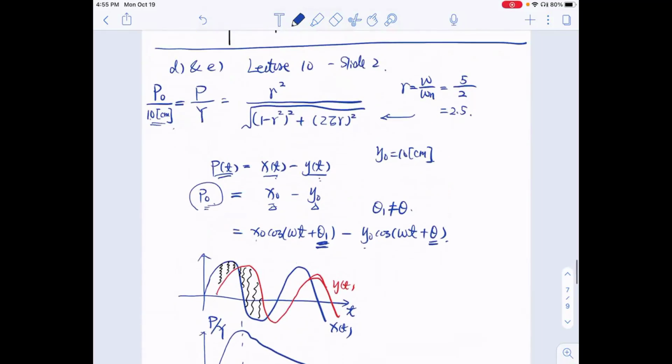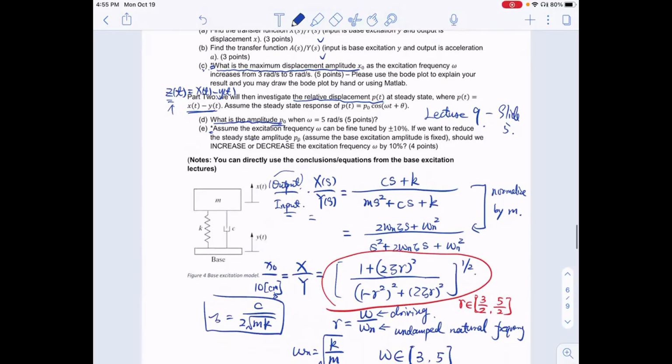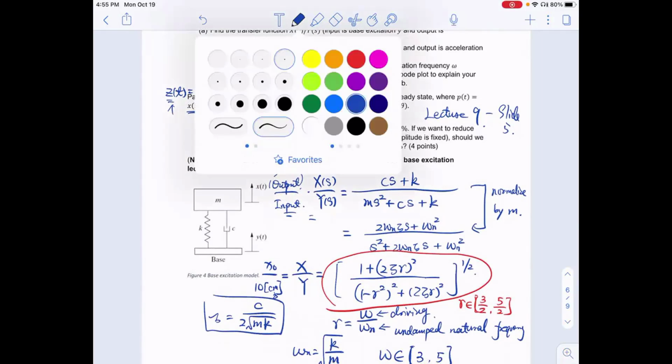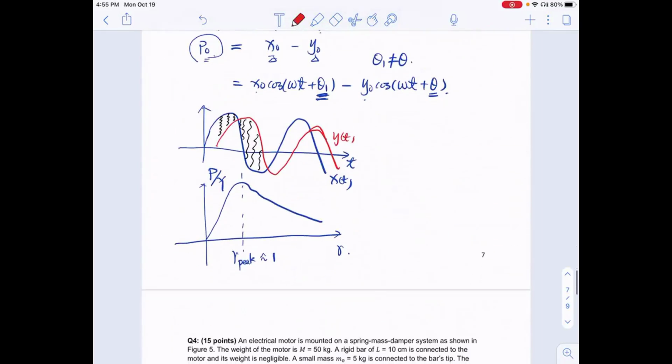And then we said if we want to reduce the steady state P naught, do we want to increase the omega or reduce the omega? So let's first find out where the omega is. Your omega is 5, your R is 2.5. So that means your operating point is somewhere over there.